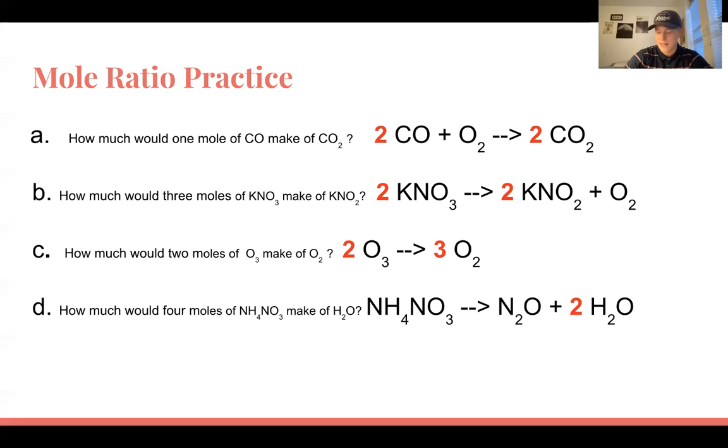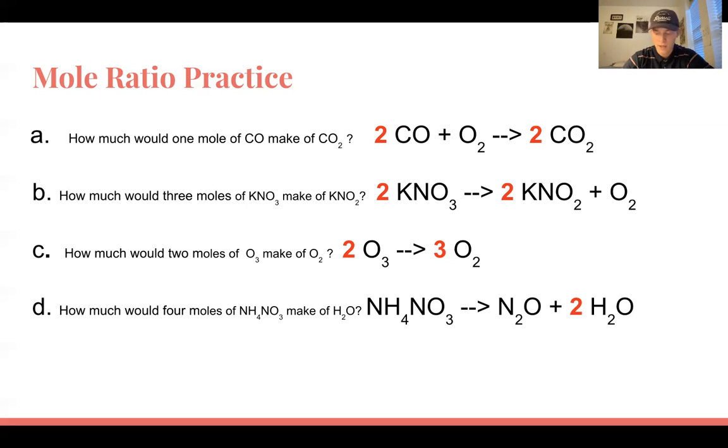What that's going to do is cancel out the carbon monoxide units, and that's going to give us moles of CO2 in our ratio here.